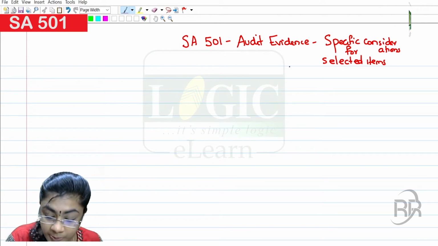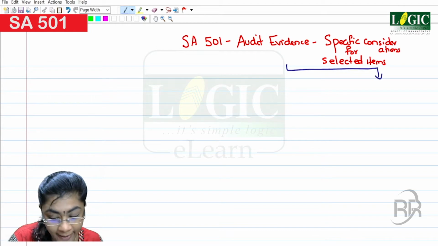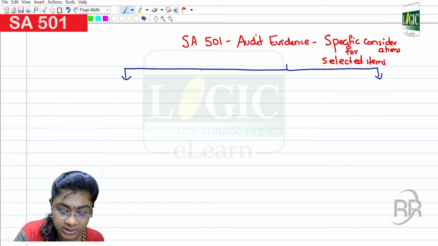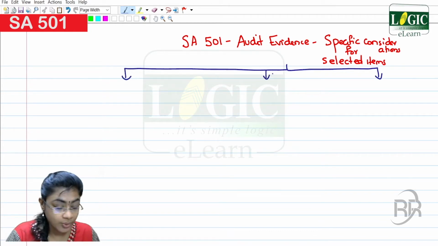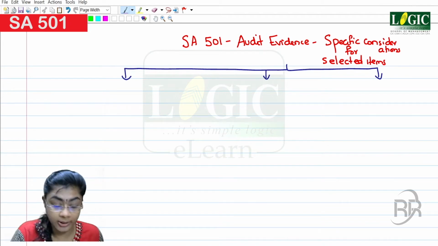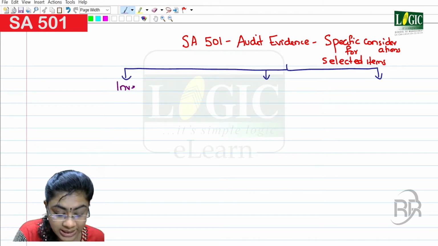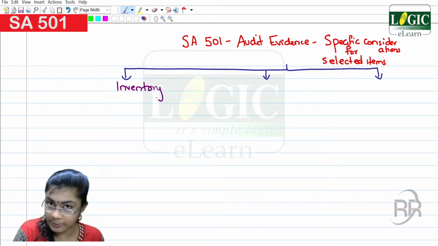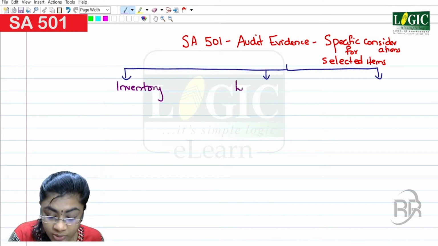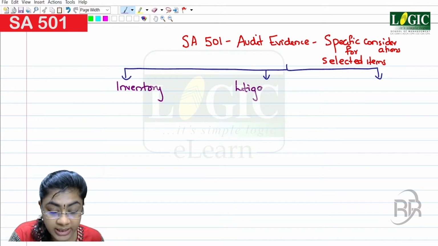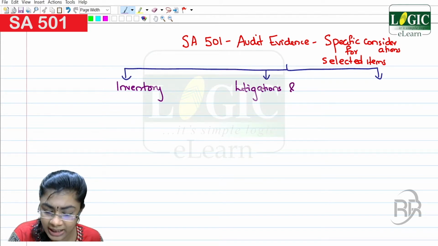To be more specific, we have 3 selected items, right? What are they? The first selected item is inventory. Second one is litigation and claims.